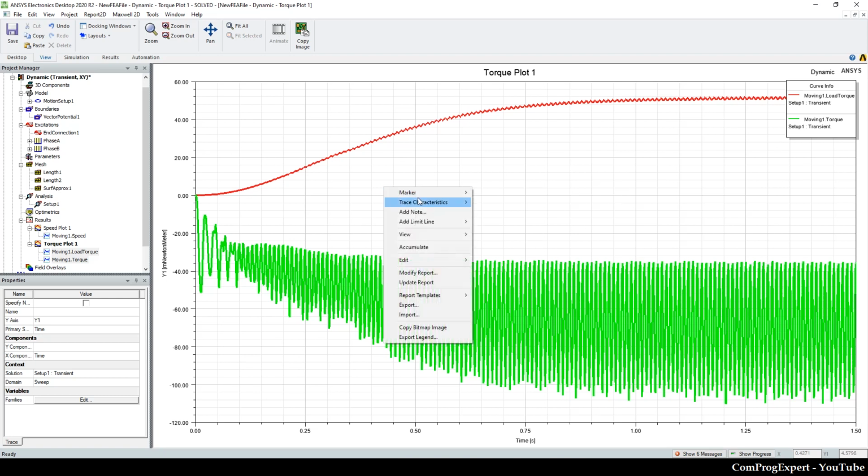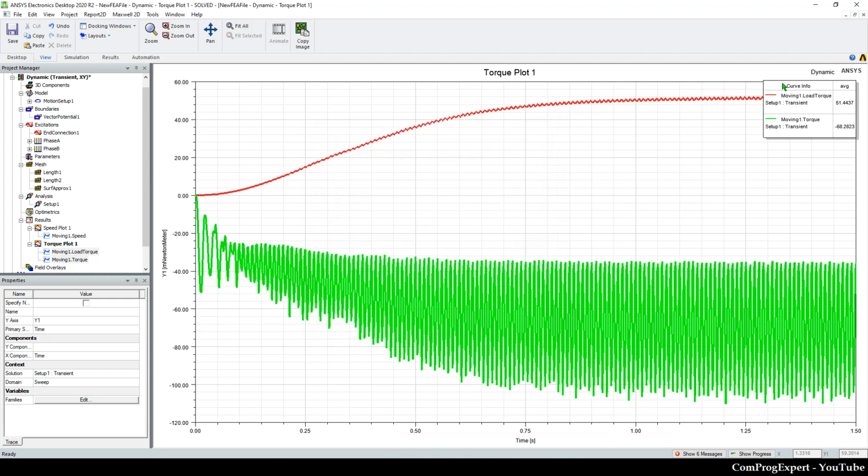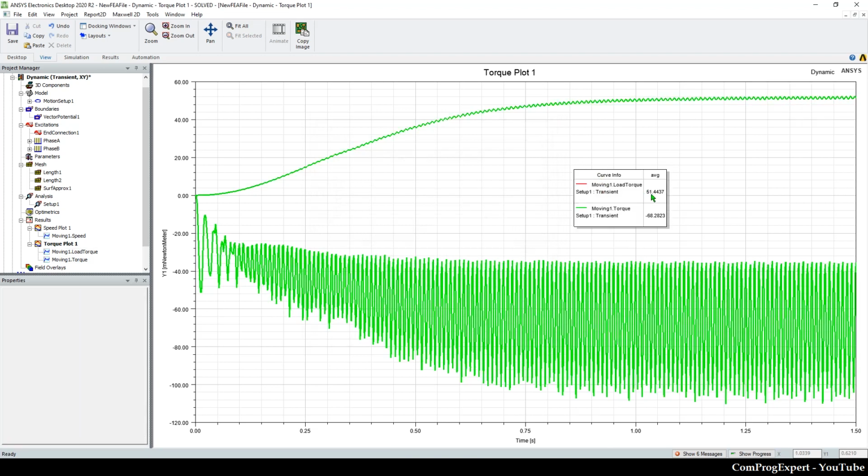So calculate the average values for the last electric period, 1.5 second minus 20 milliseconds. And the load torque is 51 and the average electric torque is 68, right?